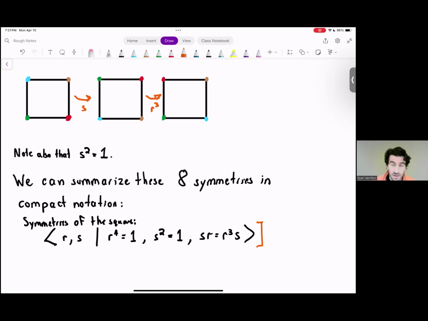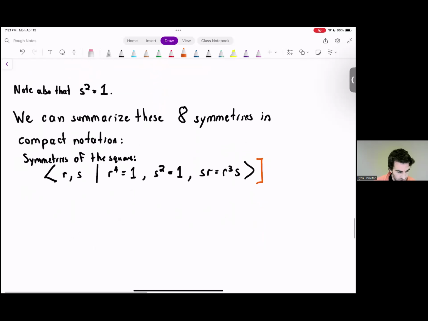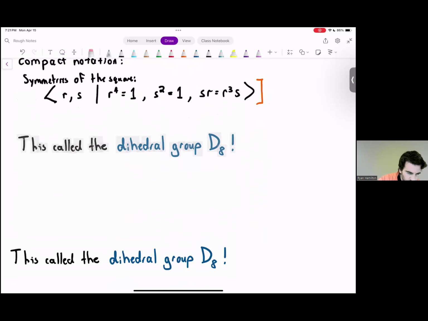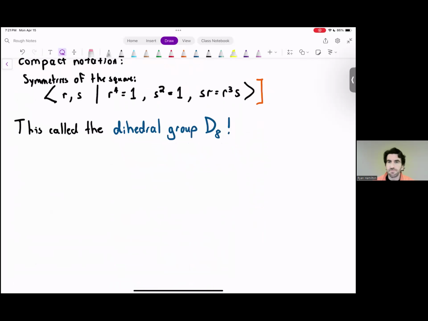And that is a group, an example of a group. This particular one is called the dihedral group D8. So where does the 8 come from? Well, it comes from twice the number of vertices. We've got 4 vertices. 8 is 4 doubled, and that corresponds to our 4 reflections and our 4 rotations.